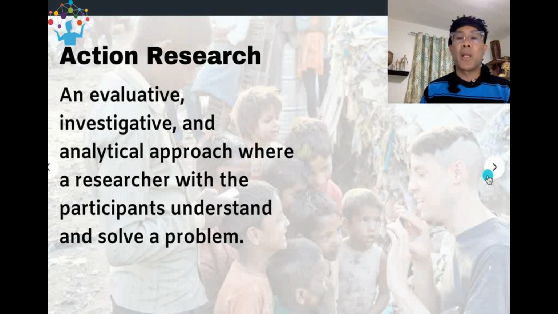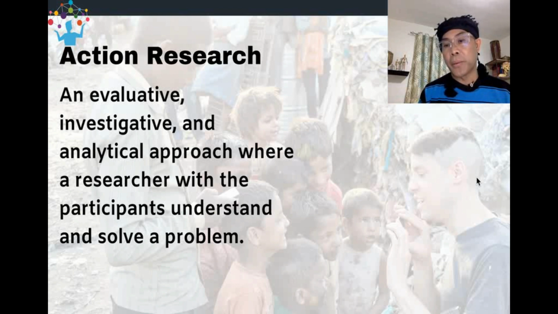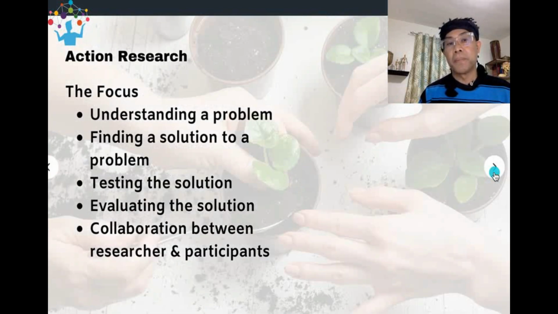So you will end up creating a solution within a research. You're not just presenting a solution, you are really creating an opportunity to solve the problem.